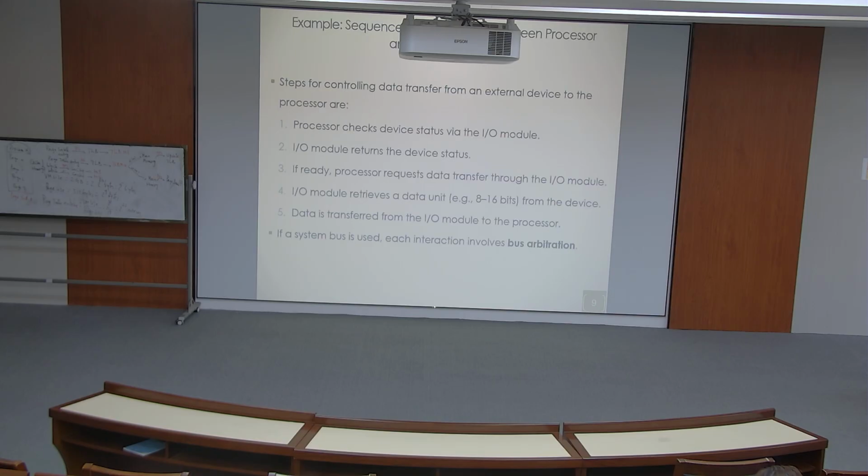Here we have this example, the sequence of data transfer between the processor and the external device. We have the processor on one hand, and the input-output module, because all the communication between the processor and the input-output device is done via the input-output module.